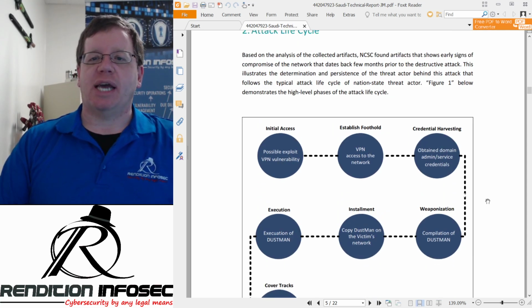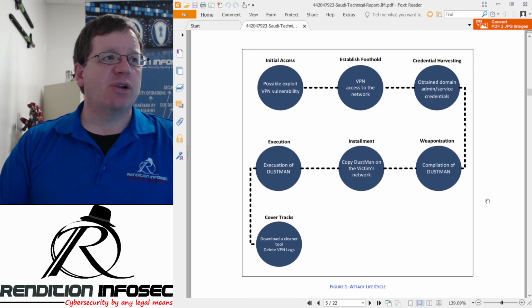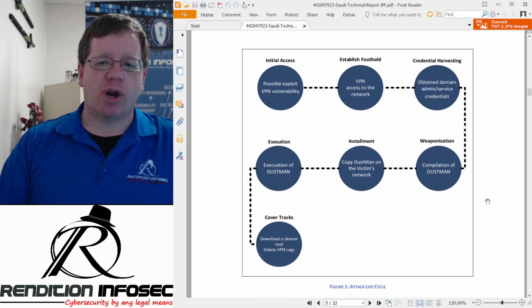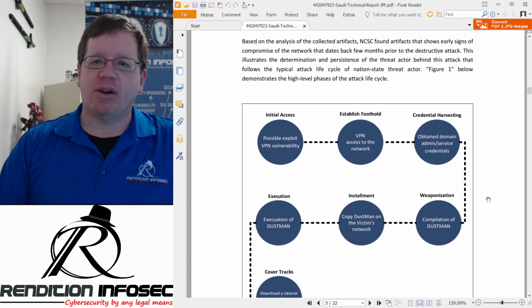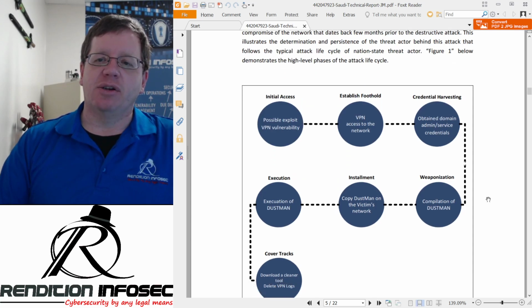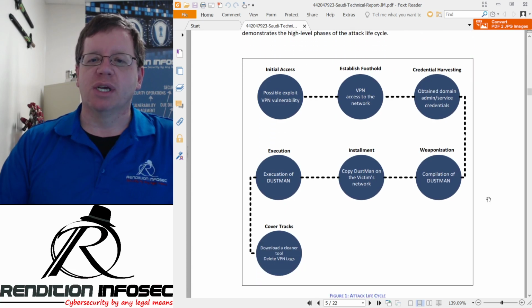Let's talk quickly about the attack lifecycle, because I think this is probably the more important point as far as how do they get in. We're already seeing a lot of this with ransomware, where the attackers are getting in through unpatched VPN services. It could be Pulse Secure again here, unspecified, I believe, which VPN provider it was. But again, we're seeing a lot of this regardless.